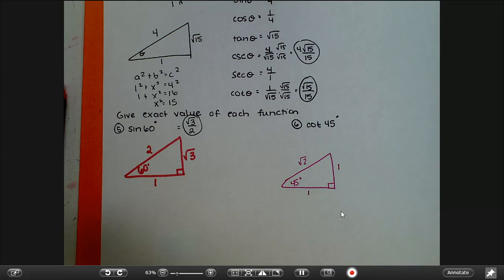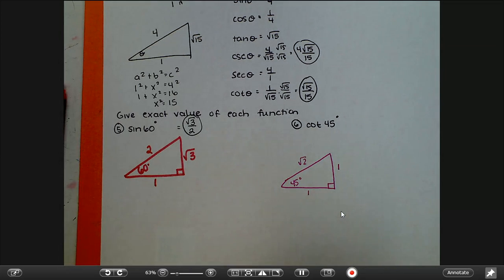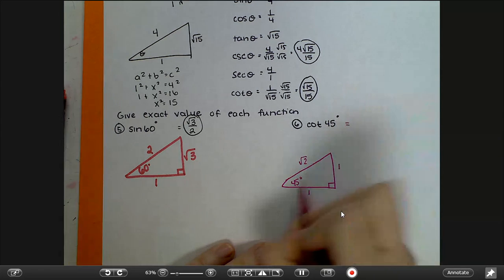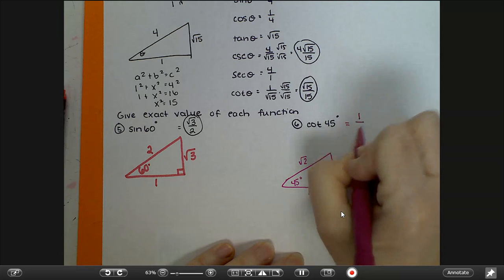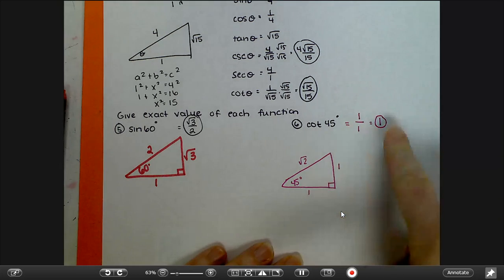After I write that, then I'm going to think about what cotangent means. Cotangent is the reciprocal of tangent. Tangent is opposite over adjacent, so cotangent is adjacent over opposite. So adjacent over opposite. So the exact value of cotangent 45 is 1.